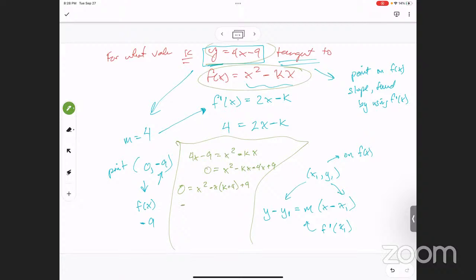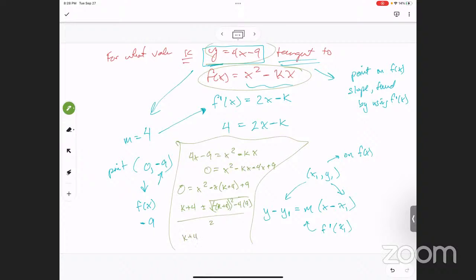Negative b would be positive k plus 4. I'm using the quadratic formula. I'm not sure if this is going to work. I'm just going down a rabbit hole. So negative b plus or minus the square root of b squared. And remember, b is negative. Mm-hmm. b is negative k plus 4. So that's squared minus 4ac all over 2a.